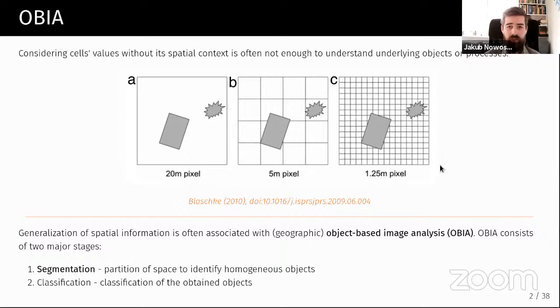And if we identify the true objects, we should somehow add their meaning, so we need to classify them. In this talk, I will mostly spend time on the first part: how we can partition our space to identify homogeneous objects.